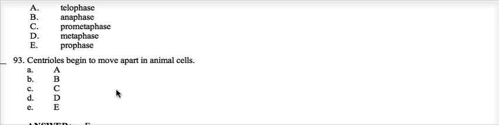Before prophase, the centrosomes with centriole pairs are together at one end of the cell, and they separate in prophase, and by prometaphase they're at the poles of the cell.